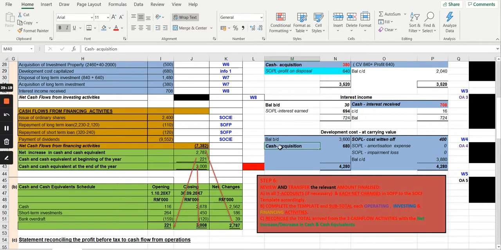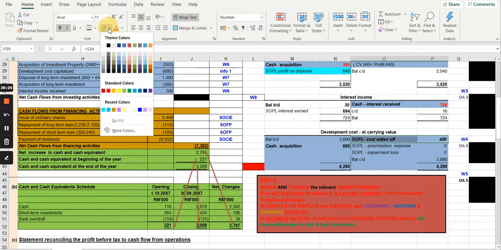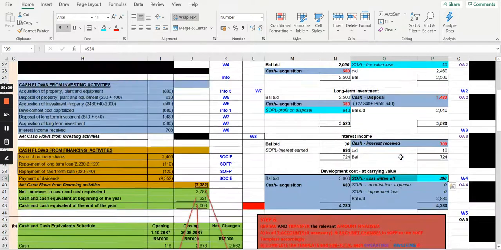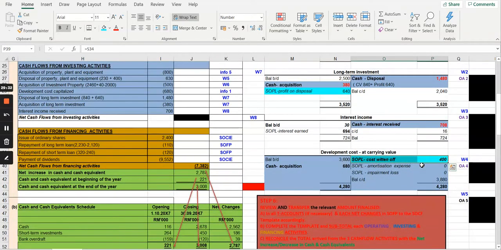But here it was about acquisition. In your case, the 400 included here is actually a non-cash item, just like depreciation, which you include in the admin costs in the SOPL. And therefore our focus is the highlighted red 680, and I've already included it here much earlier. This is just to show you what happened.